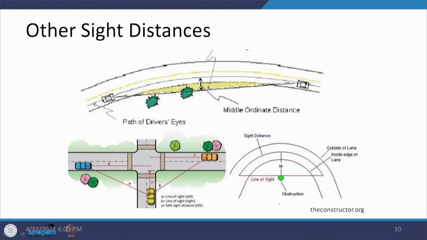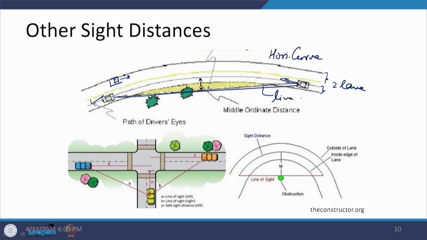Now, let us look at some other conditions which can be there. So, we have a horizontal curve, and on this horizontal curve the vehicle is moving on an inner lane. This is a 2 lane system, so we will have a vehicle in the outer lane moving like this. This vehicle is trying to see what is there ahead. This is the line of sight of the driver.